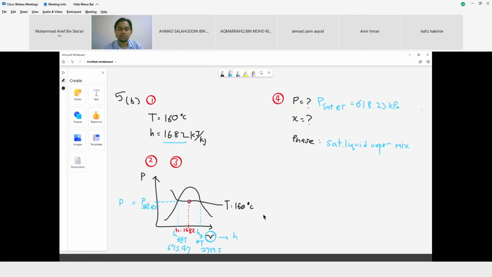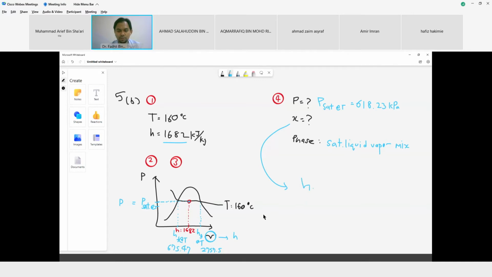Okay, and then for X, we can use the equation because we have all the values of enthalpy. We have enthalpy, we have HF and HFG.